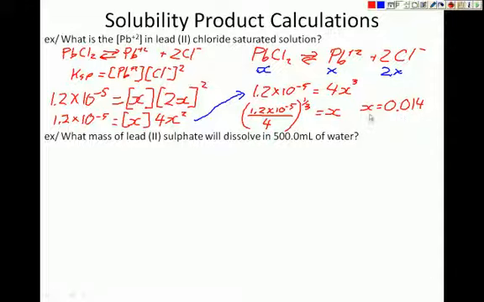And x here is the concentration of lead. And that's our answer right here.